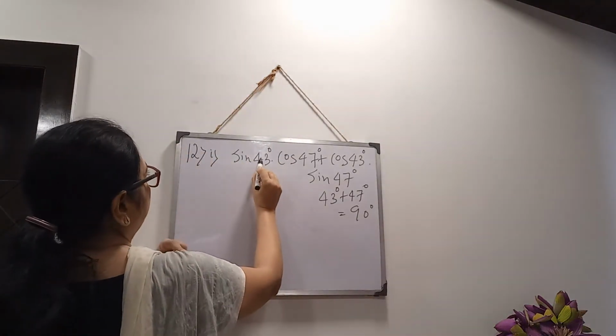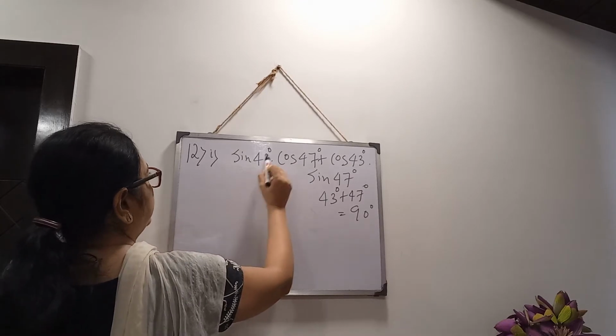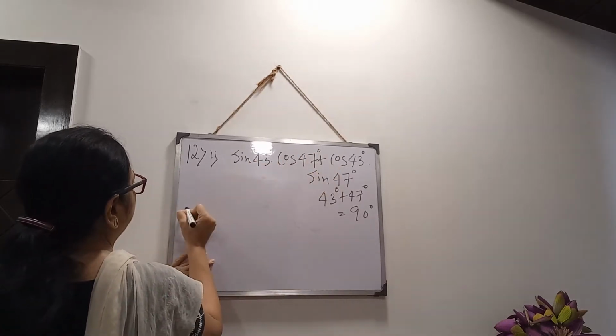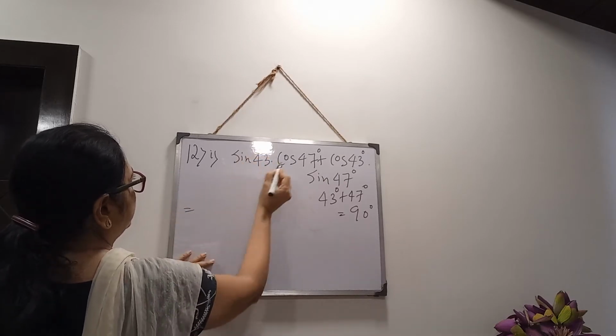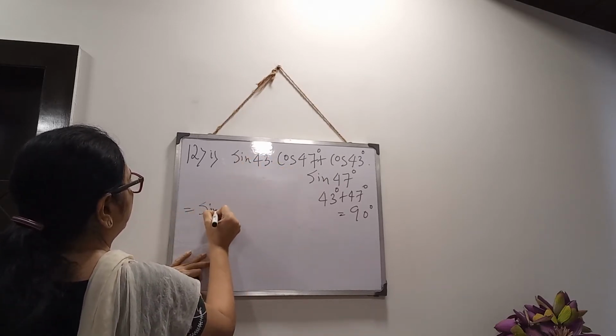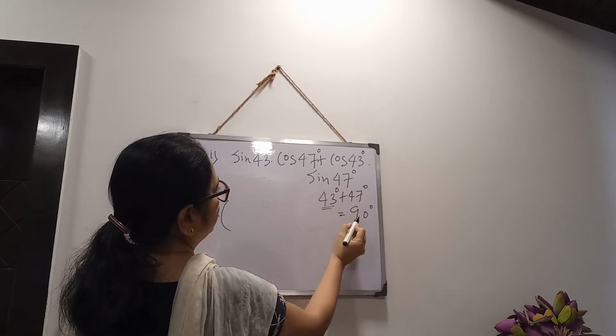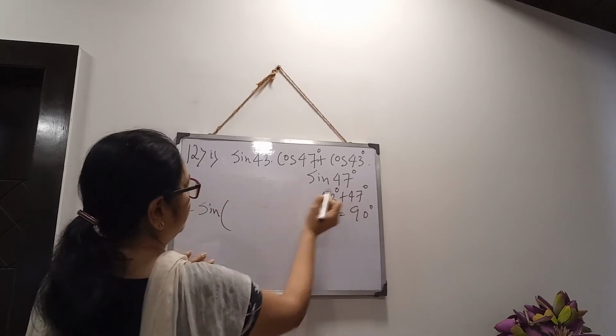Either you convert 43 in terms of 47 or 47 in terms of 43. Here I am changing 43 in terms of 47. So 43 means, you can write, 90 minus 47. Clear?